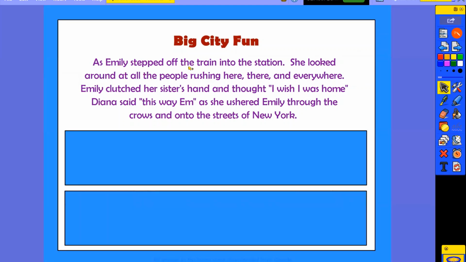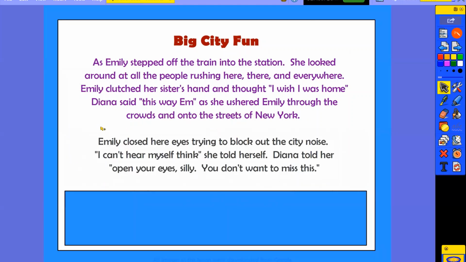As Emily stepped off the train into the station, she looked around at all the people rushing here, there, and everywhere. Emily clutched her sister's hand and thought, "I wish I was home." Diana said, "This way, Em," as she ushered Emily through the crowds and onto the streets of New York. Emily closed her eyes, trying to block out the city noise.